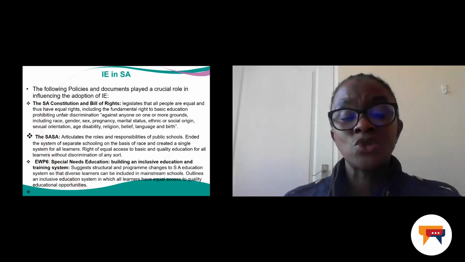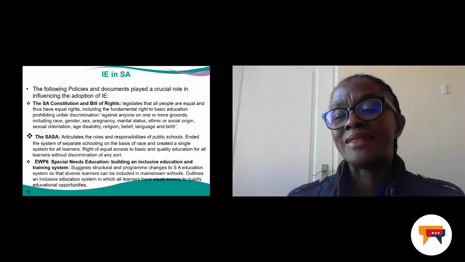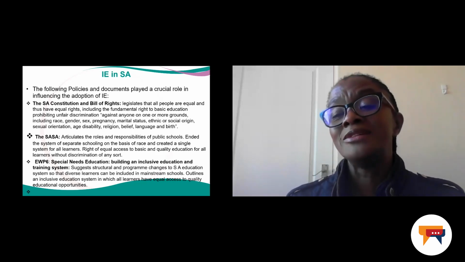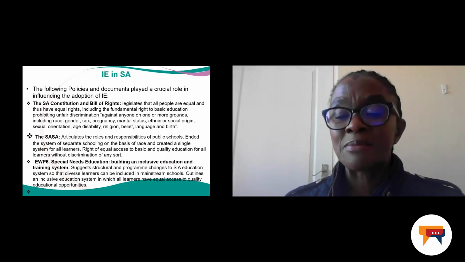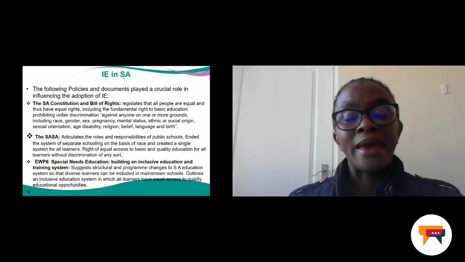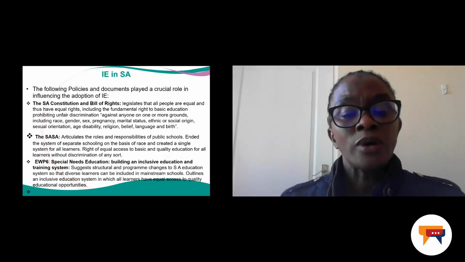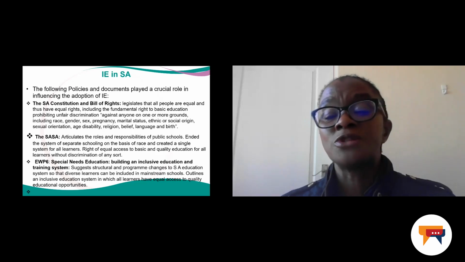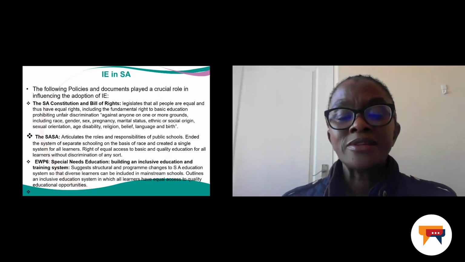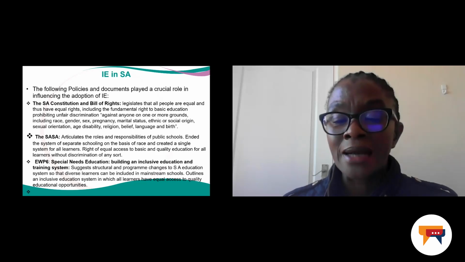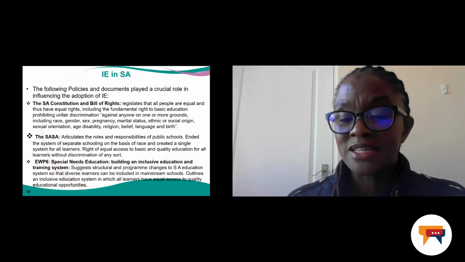The South African Schools Act is also one of the policies that supports the inclusive education movement. It articulates the roles and responsibilities of public schools. The right to equal access to basic and quality education for all learners without discrimination of any sort is also emphasized.